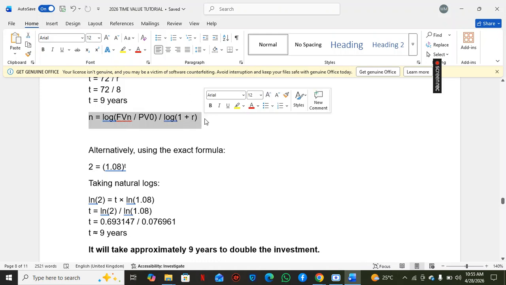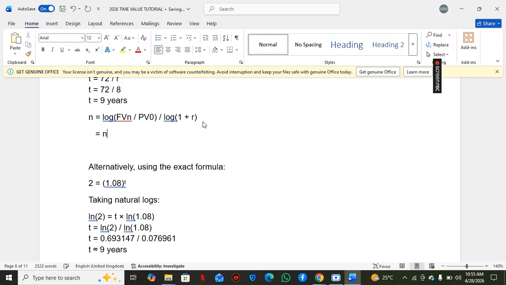This is derived from the future value formula. You remember how we derived this equation last time, right? So you get the log of the future value.